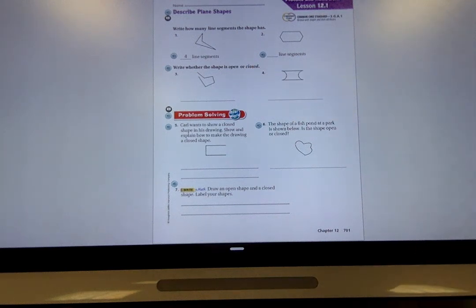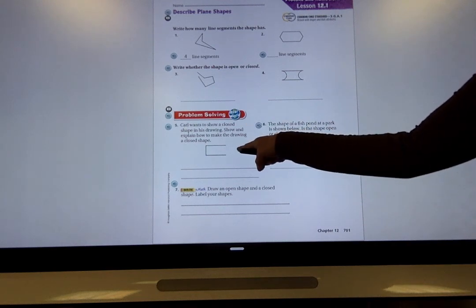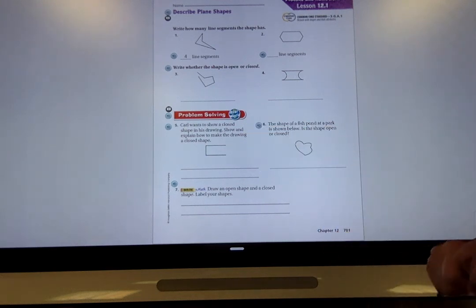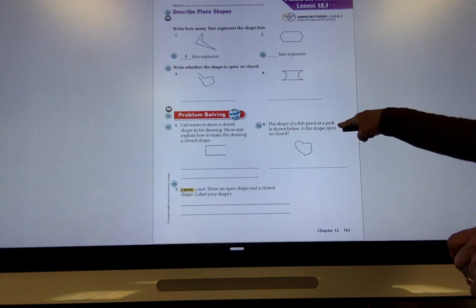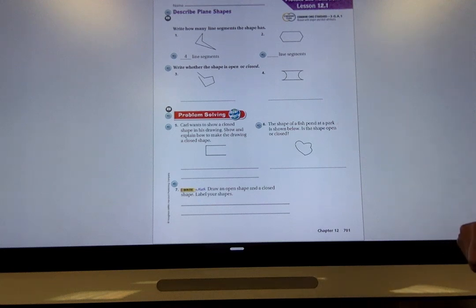Number 5, Carl wants to show a closed shape in his drawing. Show and explain how to make the drawing a closed shape. So I want you to close this shape up and then tell me, what did you do to close the shape? Number 6, the shape of a fish pond at a park is shown below.